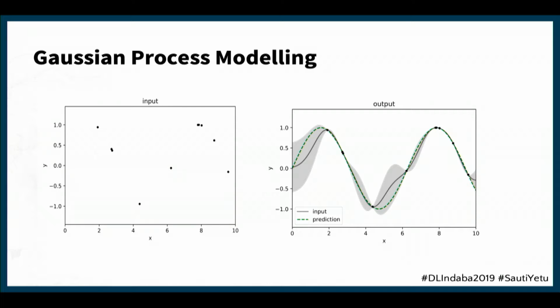From this figure, you can see some interesting features. As you approach the training data points, the uncertainty reduces, because at those points you know the value there.